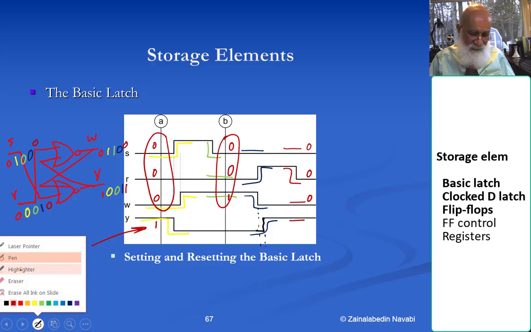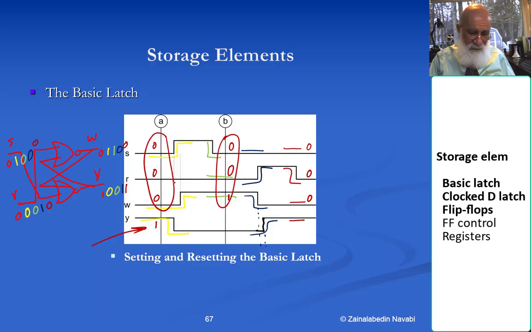If a 1 happens on S, my output is a 1. Or if a pulse happens on S, my output is a 1. If a pulse happens on R, my output is a 0.